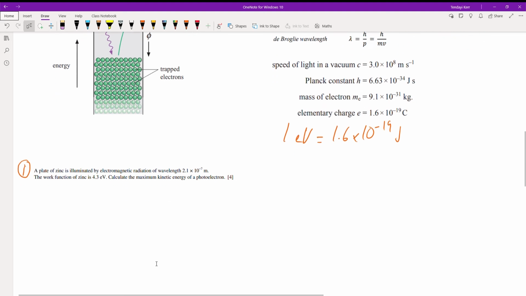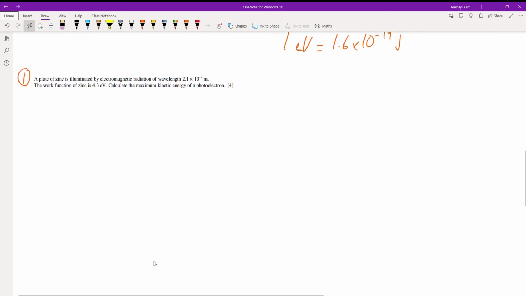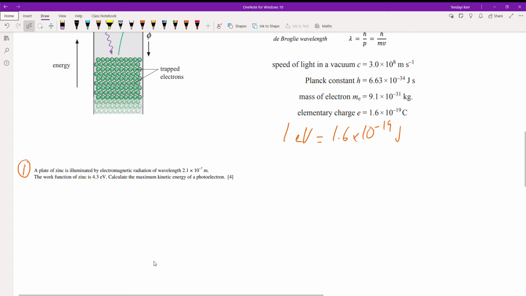We can write our formula out. So hf is equal to phi plus EK max. Because we're given the wavelength, we can rewrite it as hc over lambda is equal to phi plus EK max.